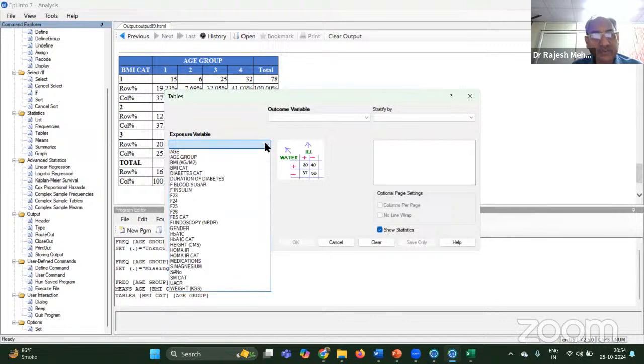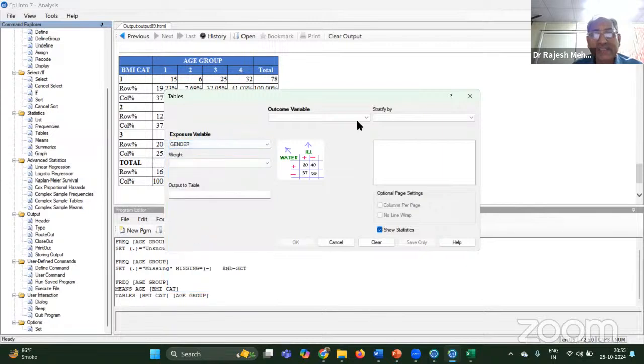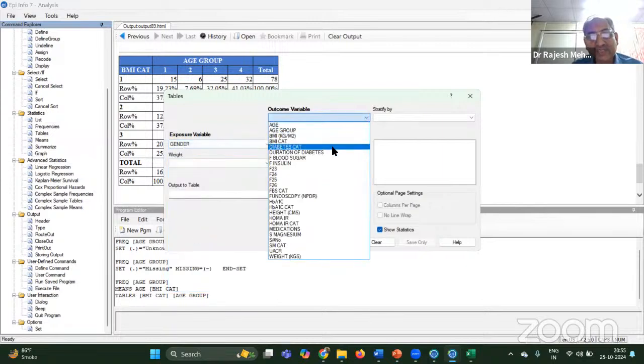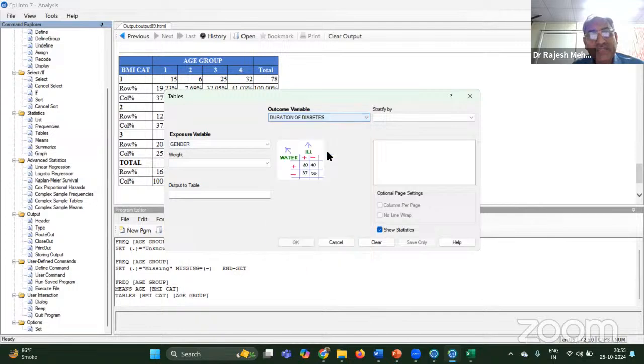Now in this, the exposure variables, let's say duration of diabetes, category, BMI category, medications. You can have exposure gender-wise, and you can ask whether there is any difference in the duration of diabetes.